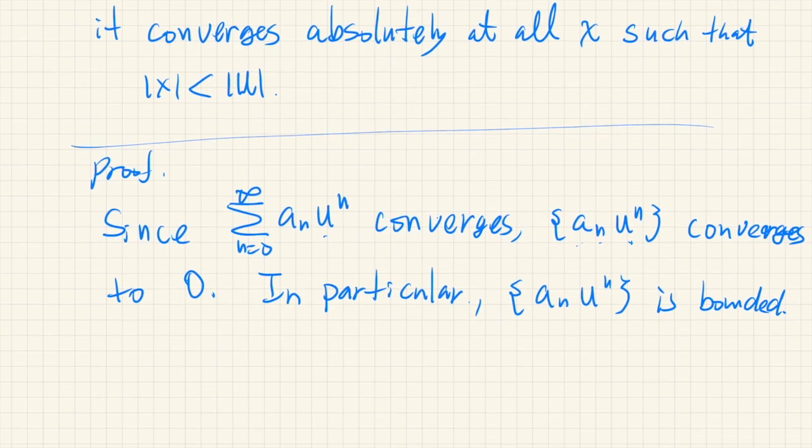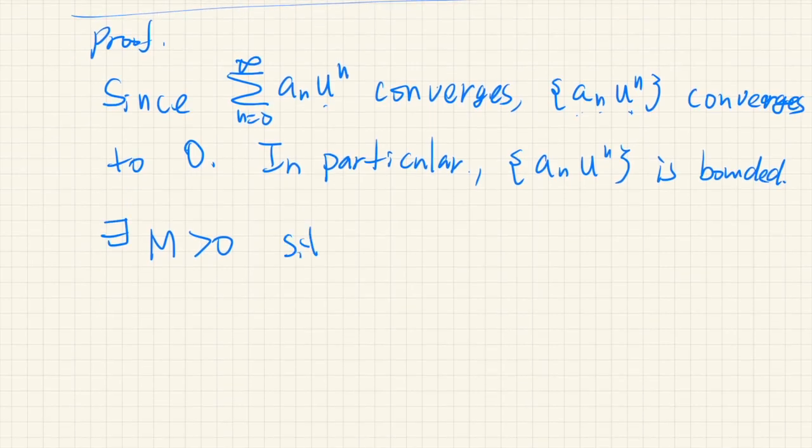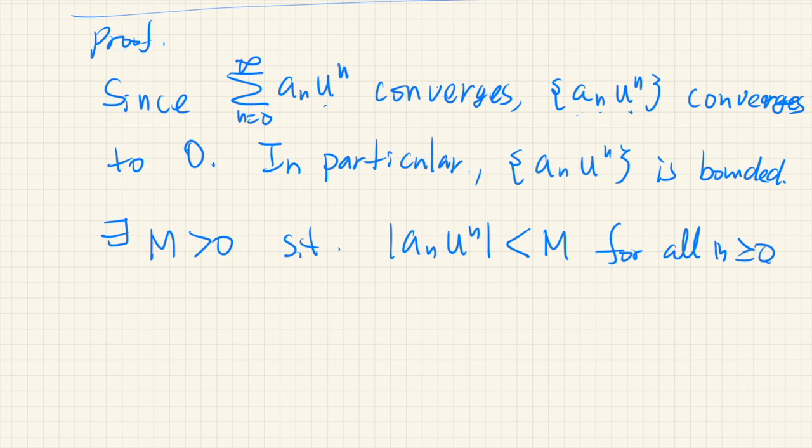So there is an upper bound and a lower bound, and that means there exists some real number, let's say M, such that the absolute value of a_n times u^n is less than M for all n greater than or equal to 0.